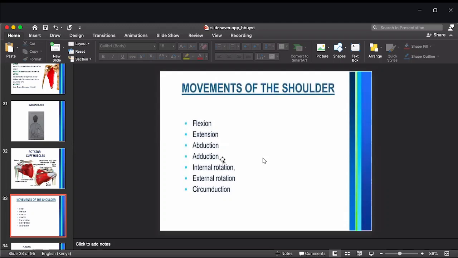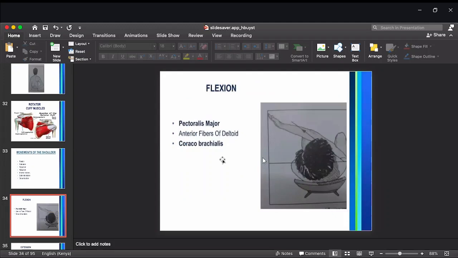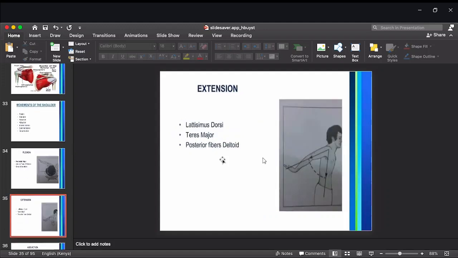The arm is able to move in 360 while the hip is not able to do circumduction, but some people can in some cases. Special guys. Flexion is done by the pectoralis major, the anterior fibers of the deltoid, and the coracobrachialis. So you can go through all this.